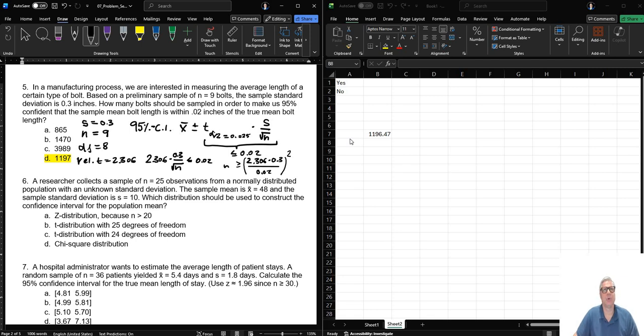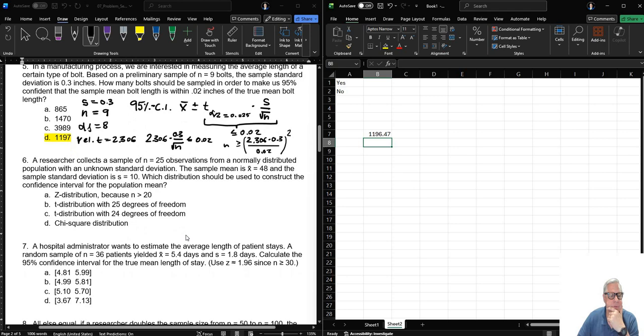So what's important to understand is that a 95% confidence interval based on a bigger sample is always smaller than a 95% confidence interval based on a very small sample.